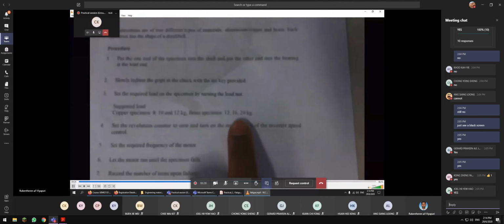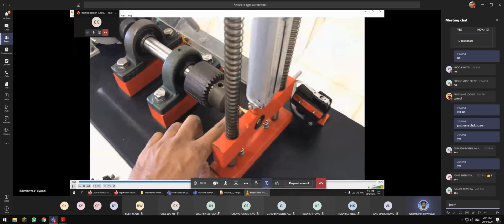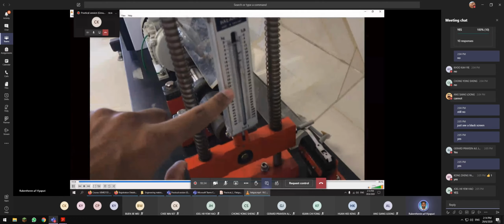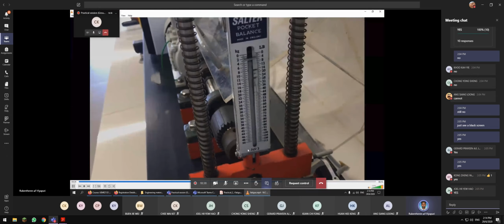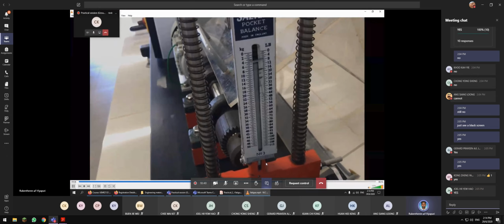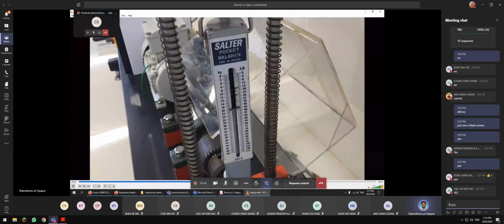Once everything is okay, I'll set the load for 20 kilograms. So there will be a load of 20 kilogram in this direction, constantly pressing the specimen which is rotating. So that is cyclic stress.